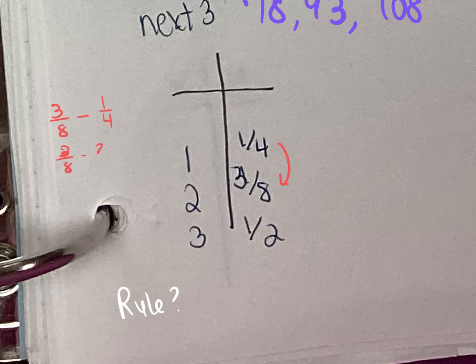Three eighths minus 2/8 is 1/8. So we're adding 1/8 each time. Y equals 1/8 x. Now if I back it up to 0, 1/4 minus 1/8. 2/8 minus 1/8 is 1/8.